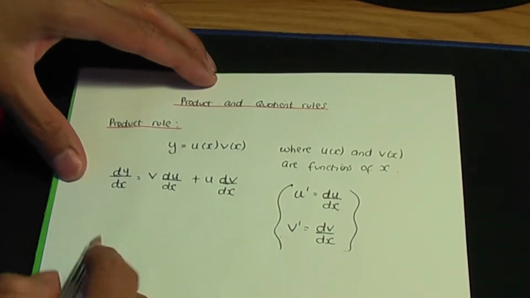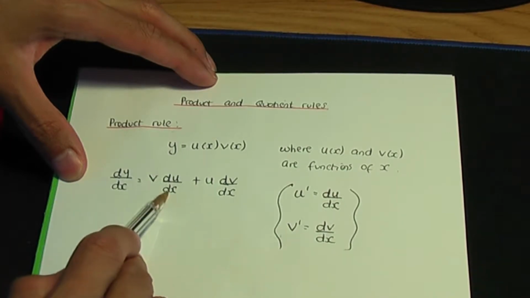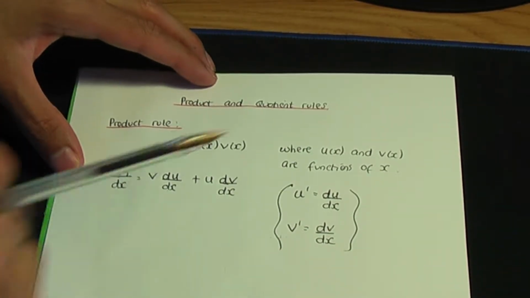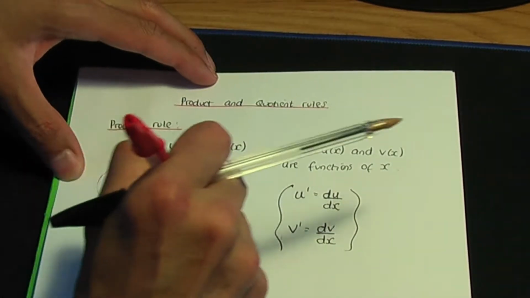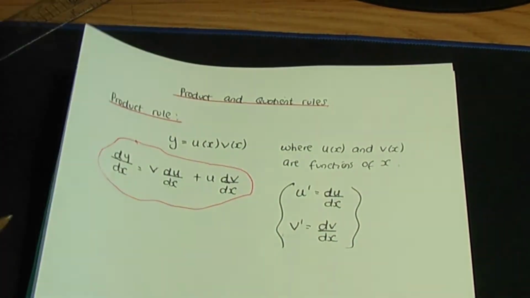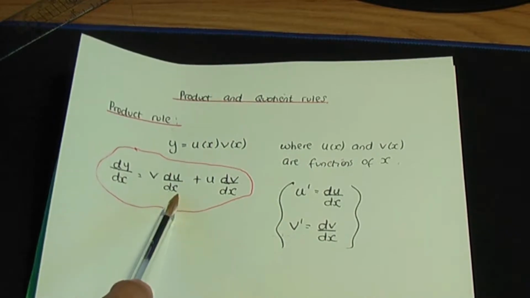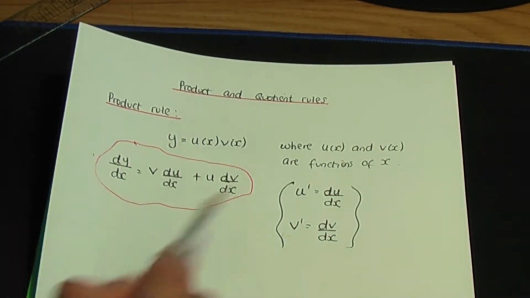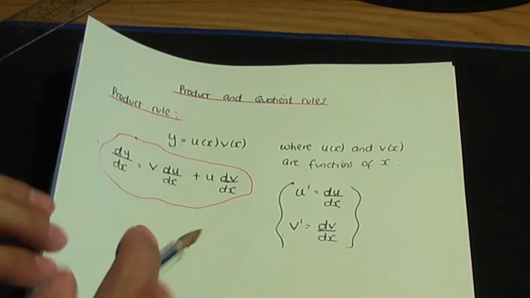Okay? So you could write this as vu primed plus uv primed. However, I like to write the rule out in full. Okay? So I like to write it as v du over dx plus u dv over dx. So that is the product rule of differentiation.